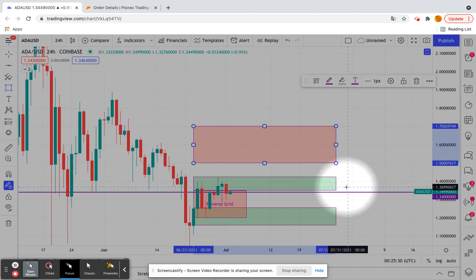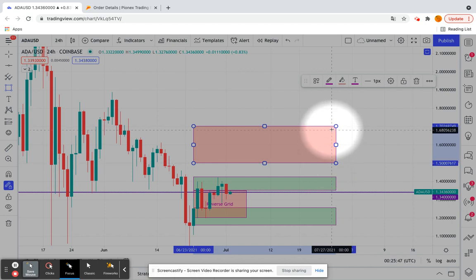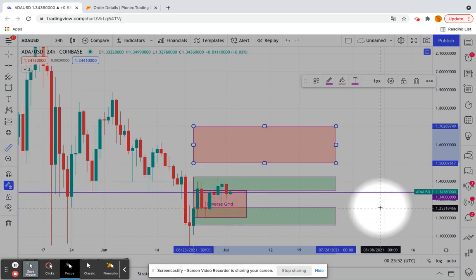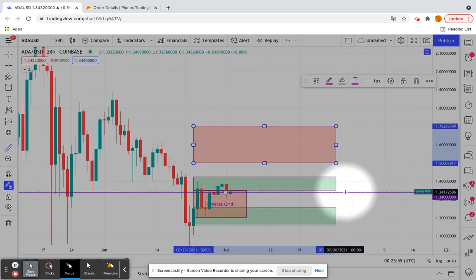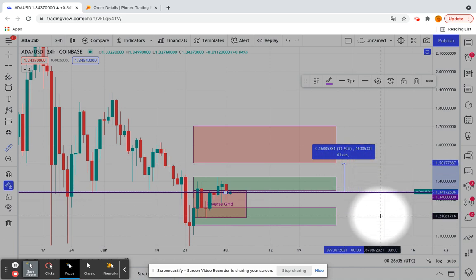And what you will end up doing is, as it starts, it's going to start selling all of those tokens, all of those coins that you had for $1.34. It's going to start selling them at 1.50, and it's going to continue all the way up to 1.70. So what you have already done is you have already made a profit just by starting your grid. You've already made a profit of almost 12% on some of those coins or tokens.